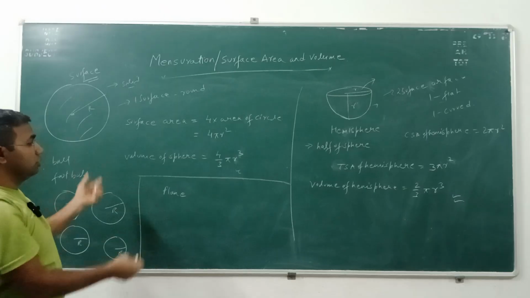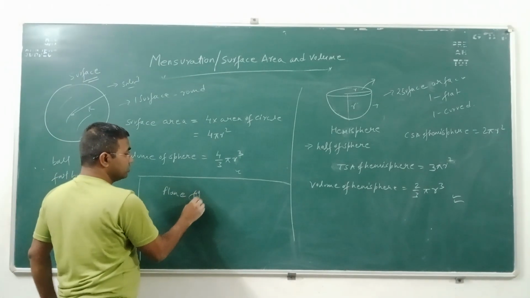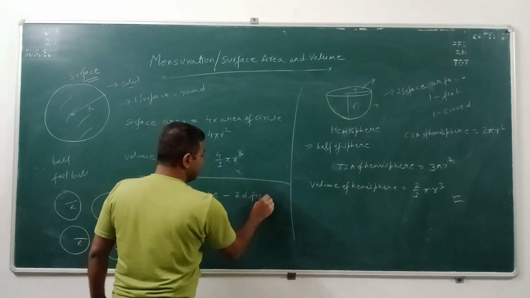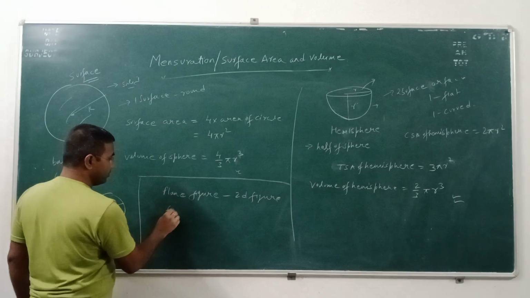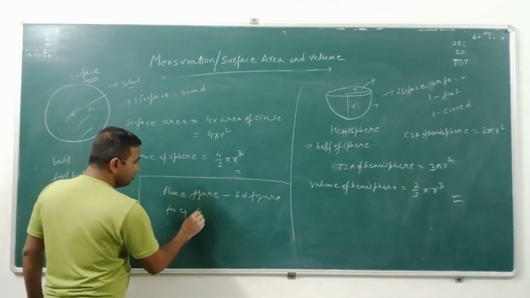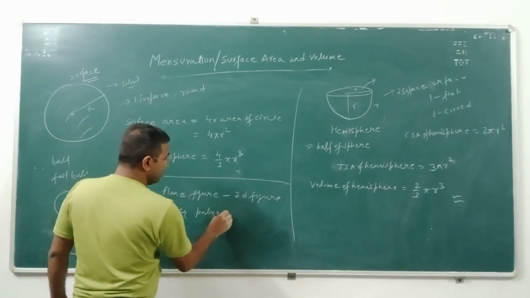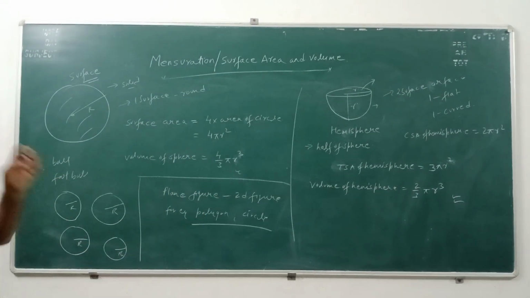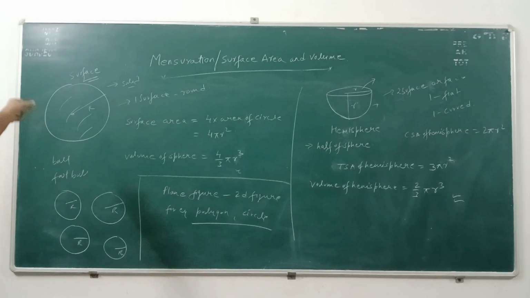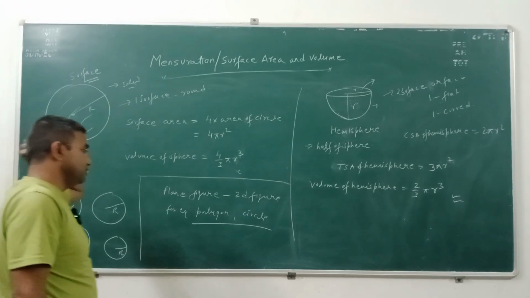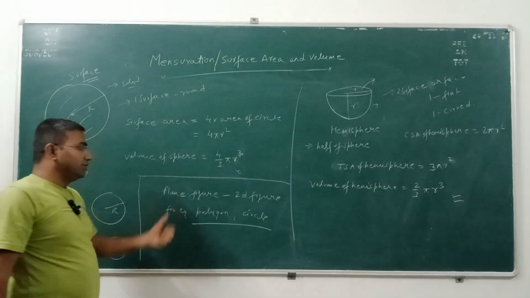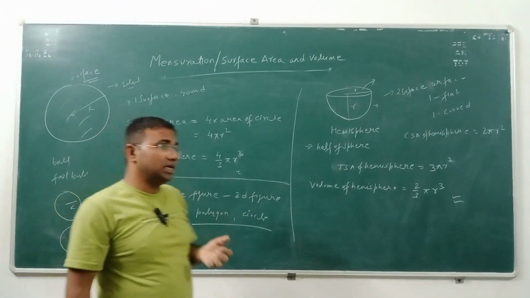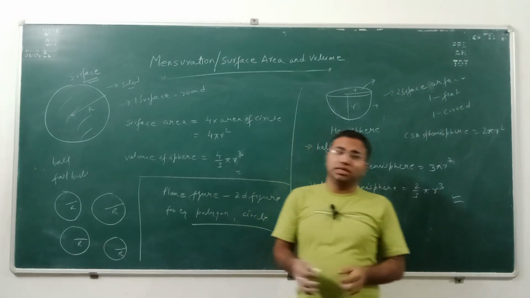I have told you about the solid figure, and plane figure is what? 2D figure, for example polygon, circle. These are the plane figures that you have learned, and cuboid, cylinder, sphere, hemisphere are the solid figures. Okay, so I hope you have understood what is plane figure and solid figure, and what perimeter, area, surface area, volume are related to.